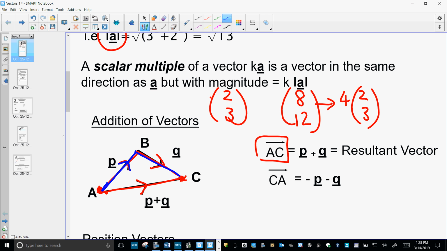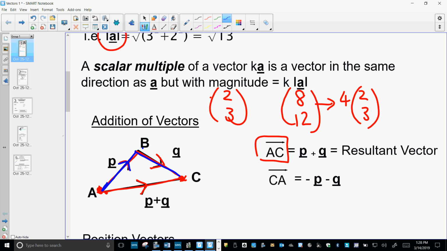You have to say you need to go this way and this way. So when it comes to labels, whilst this is the easiest option, you have to actually follow the paths that you've been told. So it could be that you get a diagram and they tell you that this is P and this is Q, and you have to describe those journeys just using those kinds of vectors.